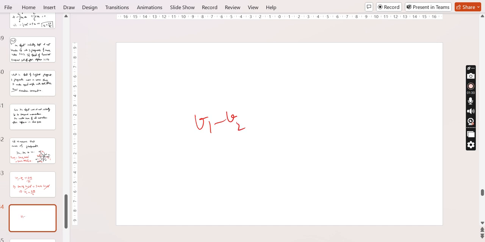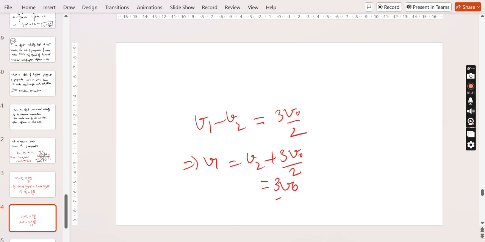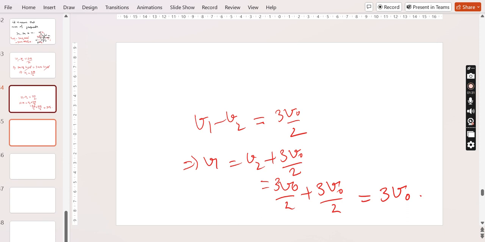So v1 minus v2 is equal to 3 v0 by 2, so v1 is equal to v2 plus 3 v0 by 2. And we were asked to measure only the speed of the lightest particle.